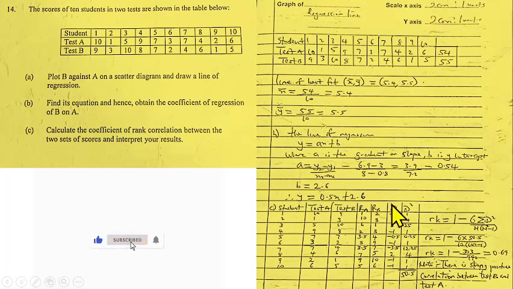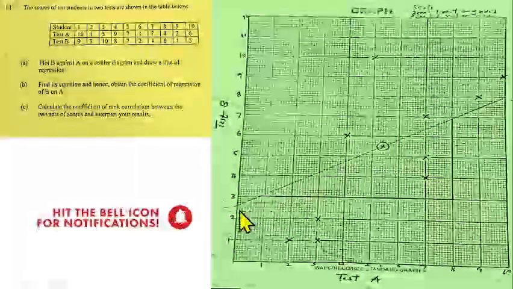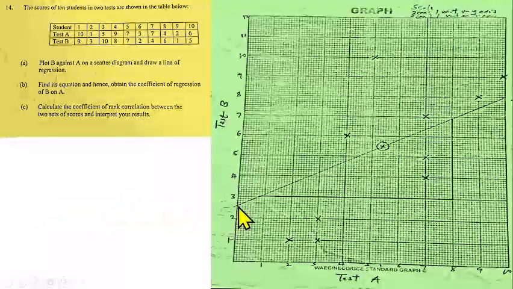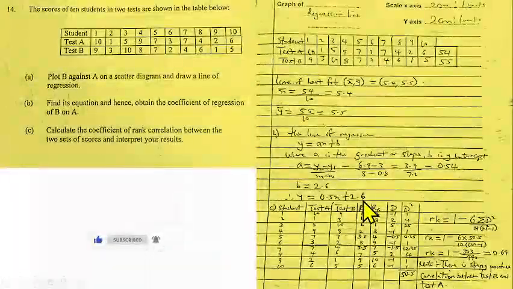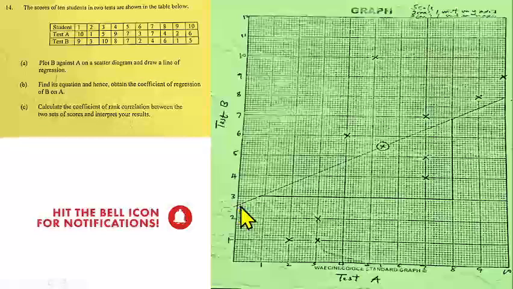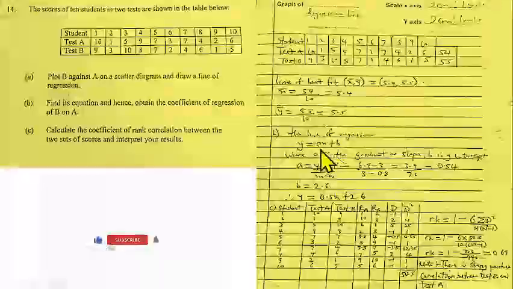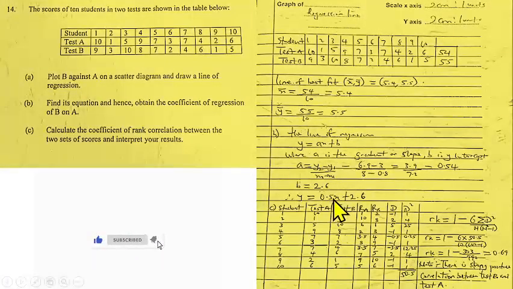Then our b is the y-intercept. So if you go to the graph where this straight line cuts the y-axis, that should give us 2.6, if you look at it critically. So this equation becomes y is equal to 0.5x plus 2.6.